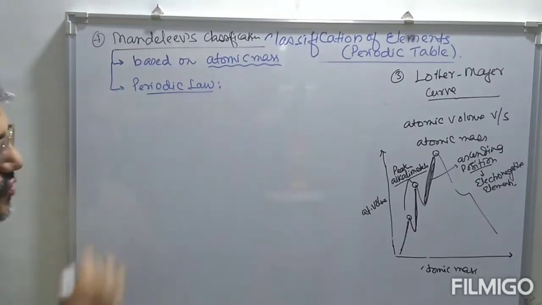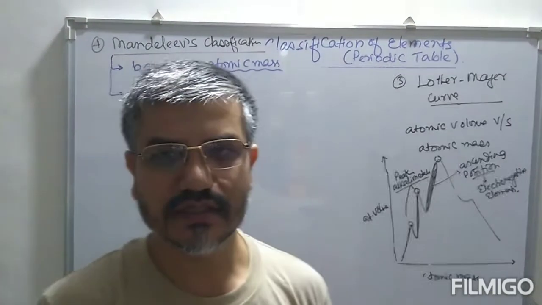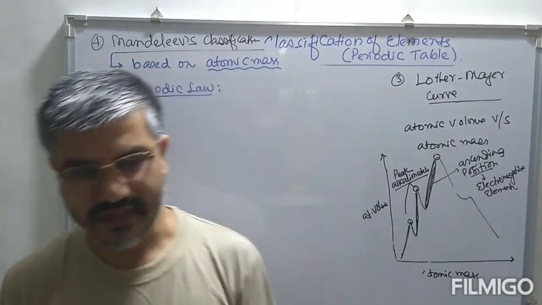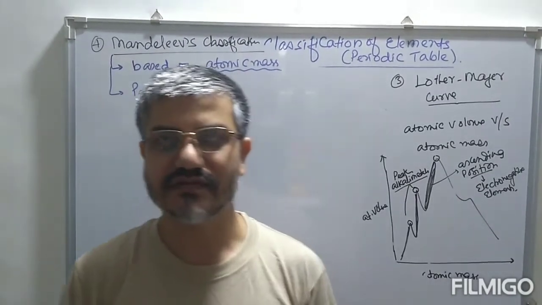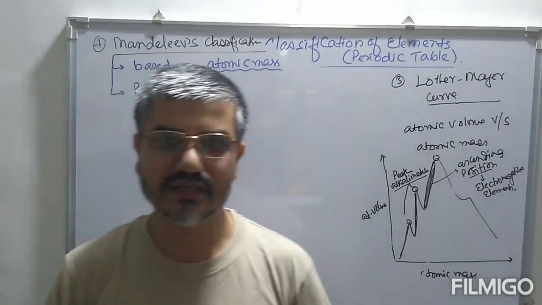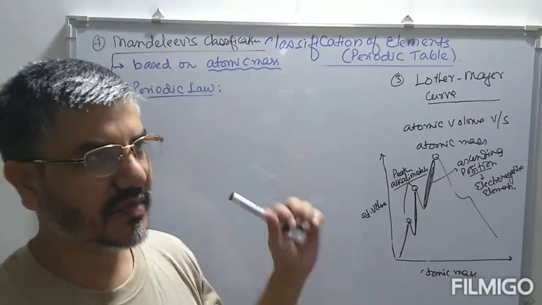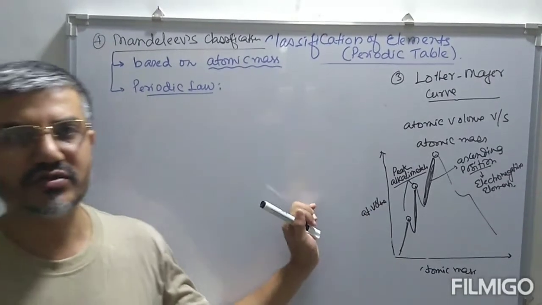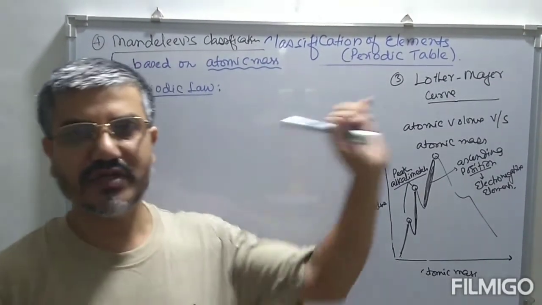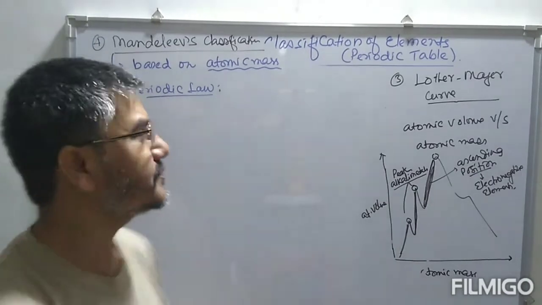So according to this, he said the properties of elements, that is chemical as well as physical properties of elements, are the periodic function of their atomic mass. That means the chemical as well as physical properties of elements depend on the atomic mass.